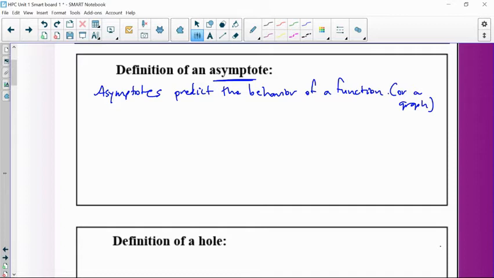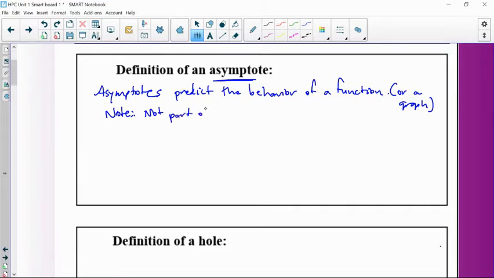So you'll see them on a graph because all of a sudden your graph will start behaving a certain way. It might start appearing to go straight up, like along a vertical asymptote. That asymptote predicts that behavior. Note, it's not part of the graph.